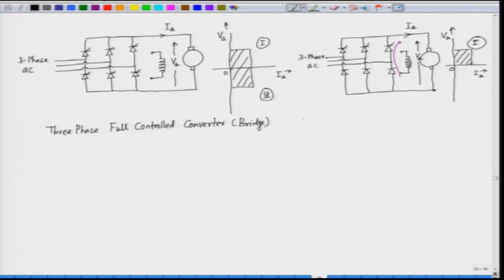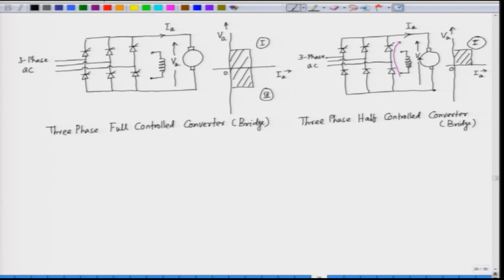So, this is called a 3-phase half controlled converter, and this is a bridge. We can sometimes call this a 3-phase half controlled bridge converter.